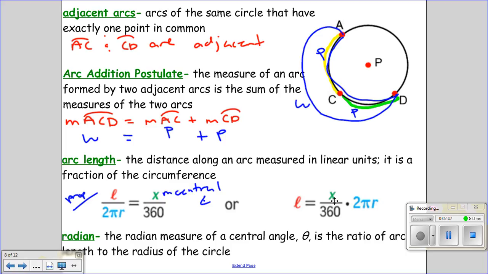Or you could say arc length is equal to the measure of the central angle divided by 360 times circumference. Again, this is your circumference, 2 times pi times radius. And x stands for the measure of the central angle.